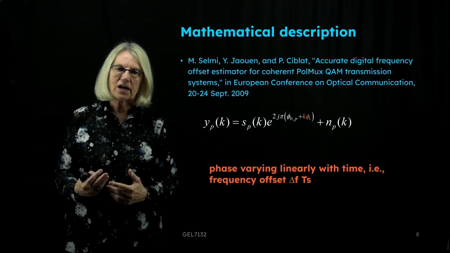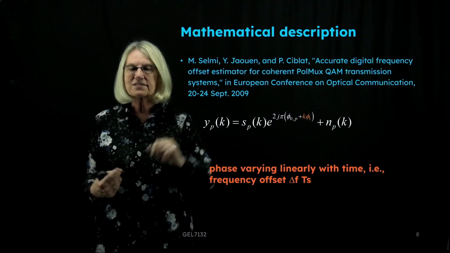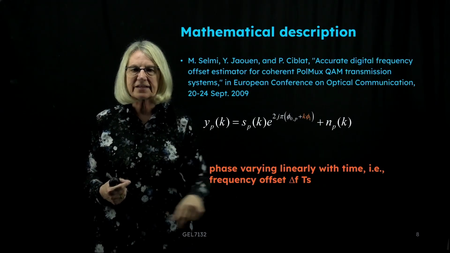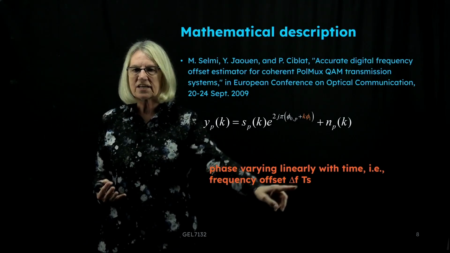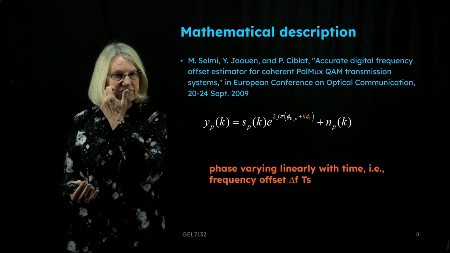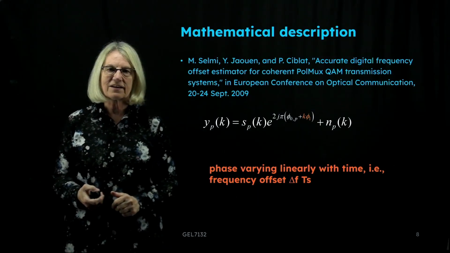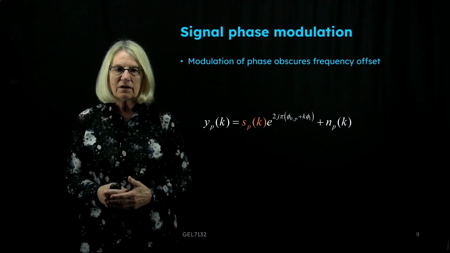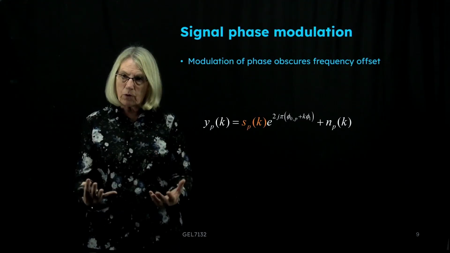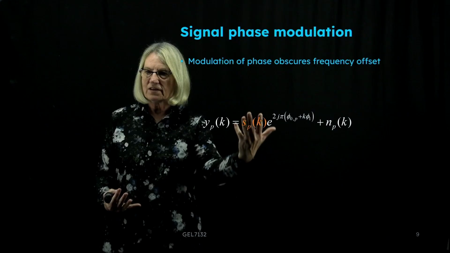And of course, in our sampled signal, where TS is the sampling time, this is the equivalent of some delta in the frequency, some difference in the frequency from these two sources beating against each other, multiplied by the sampling time.